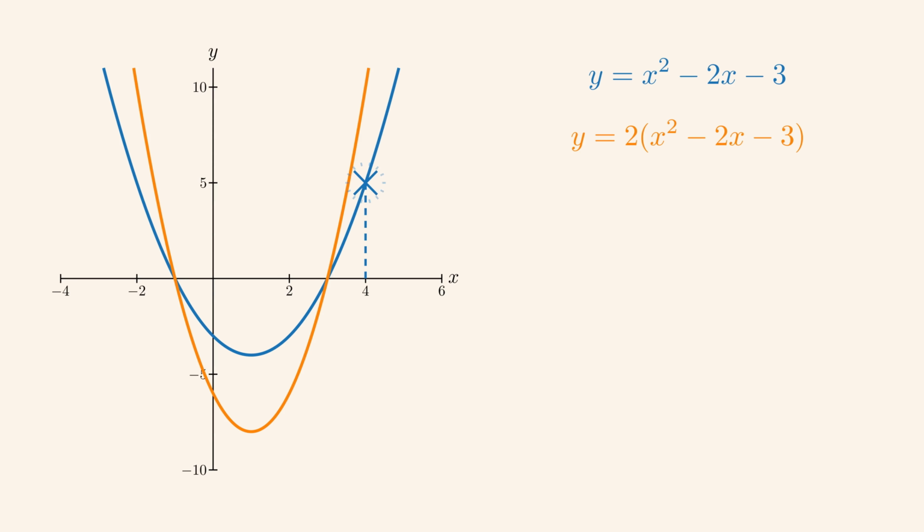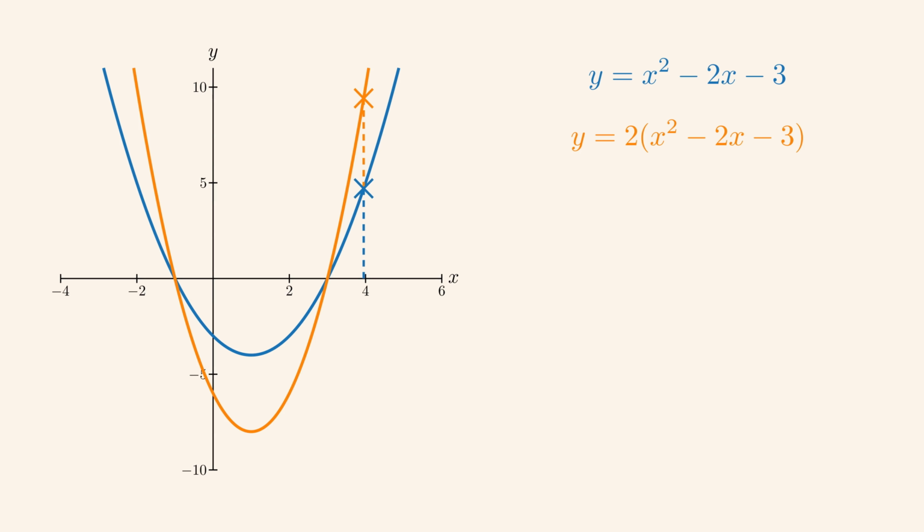At x equals 4, the orange dashed line is twice as long as the blue dashed line. In other words, the magnitude of the orange y value is twice that of the blue y value. This happens because the original function was multiplied by 2.